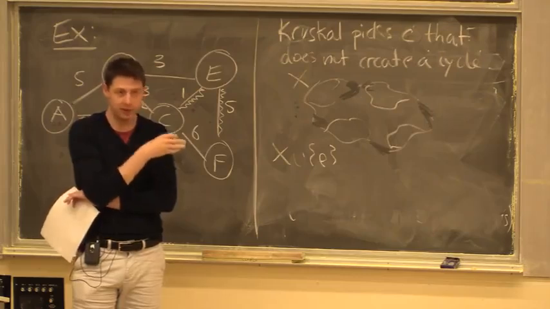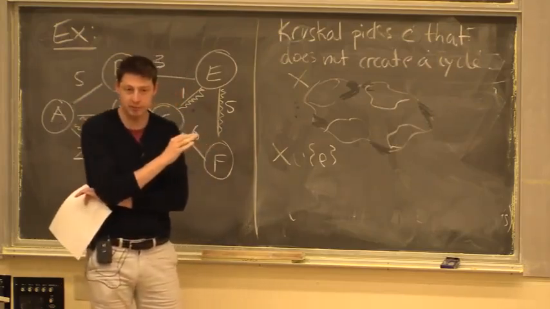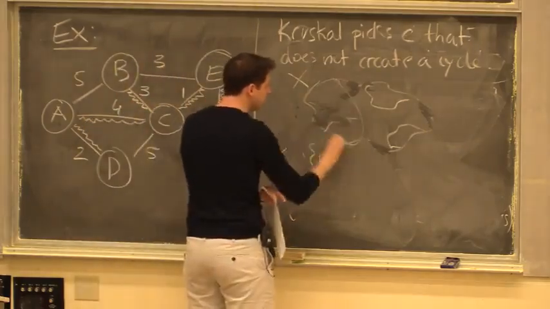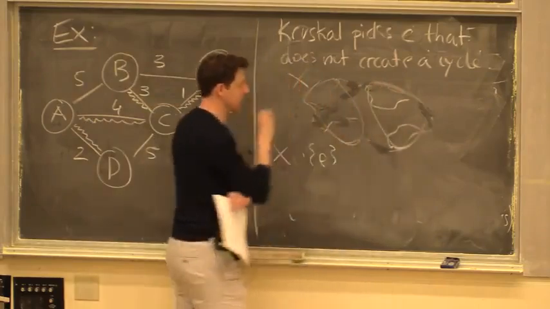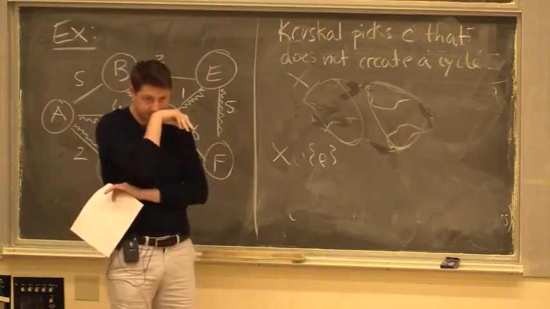But that cannot be, because the algorithm adds an edge only when there are no cycles. So we should at least have two connected components in X. Maybe there is more, but that's one, that's the other. Again, maybe there are more subcomponents, but we can find at least two.